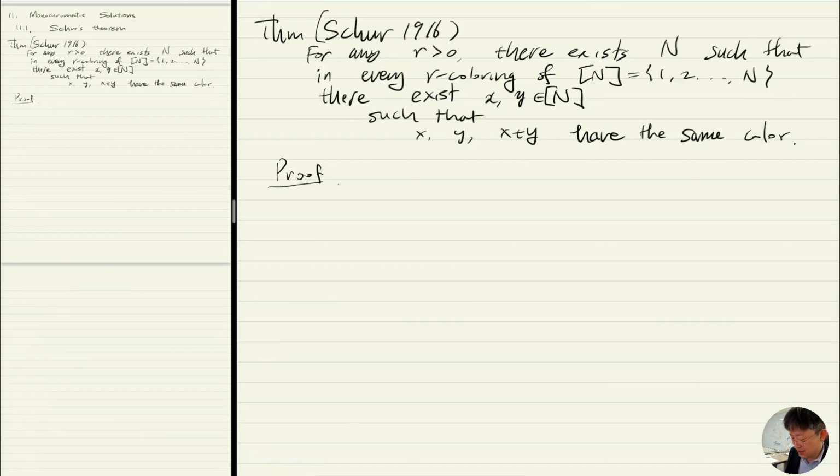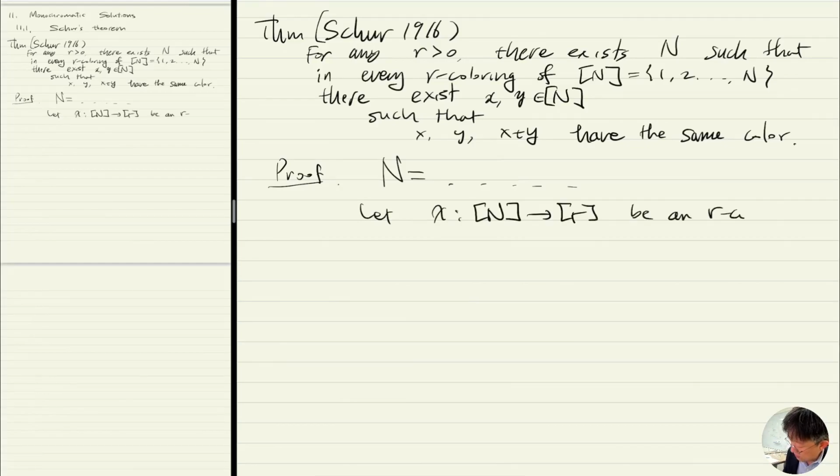easy. As soon as you use Ramsey's theorem, you can prove it. So let chi be an r-coloring.